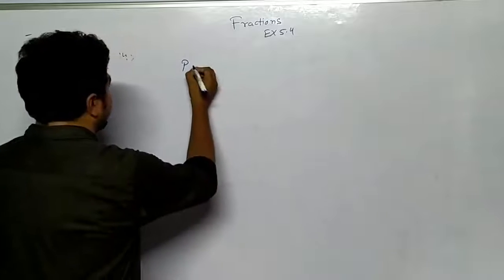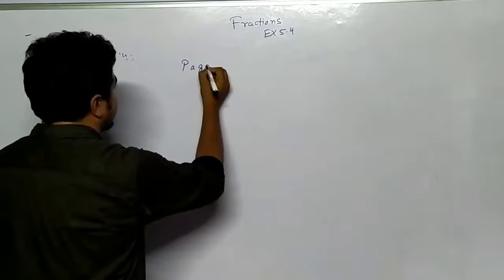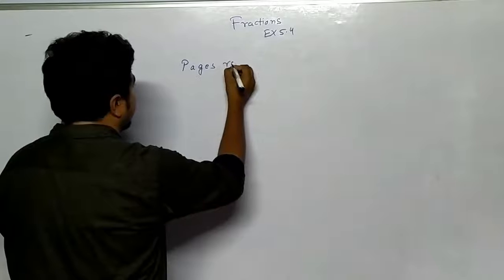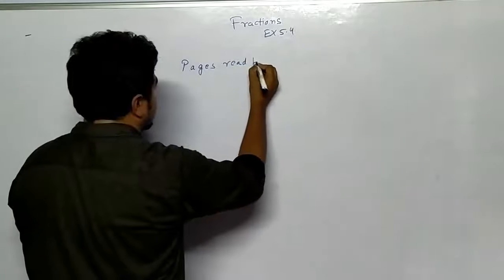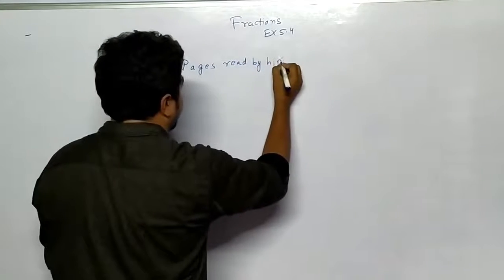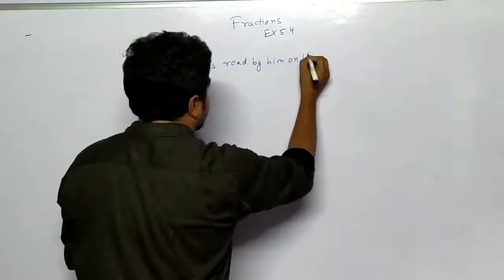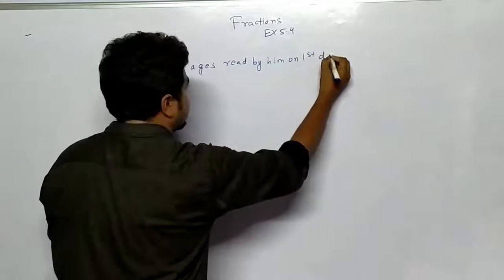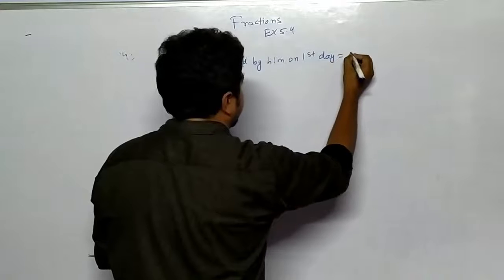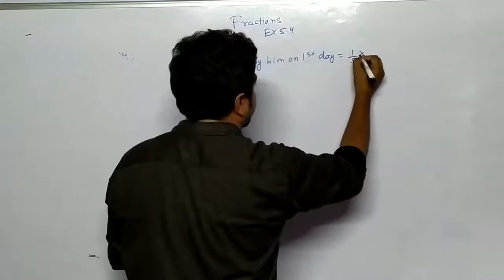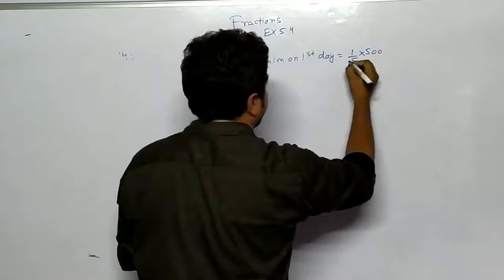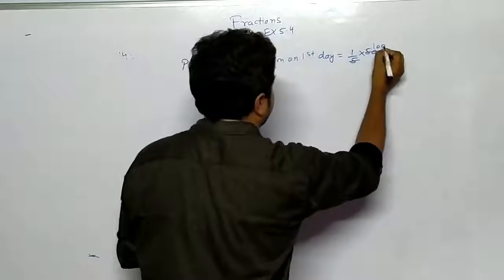But he read on the first day also. Pages read by him on the first day is 1 by 5 into 500. 1 by 5th of 500 means 100 pages.